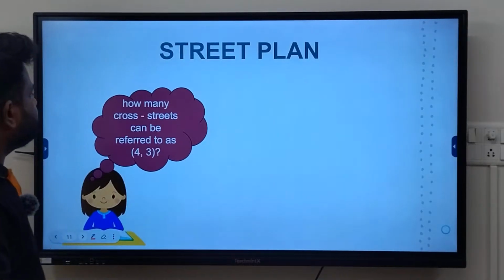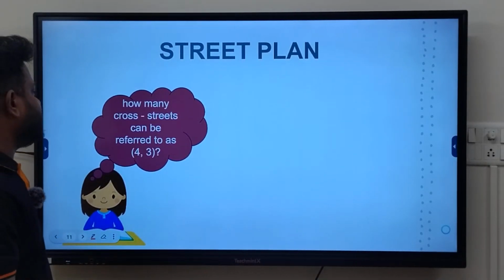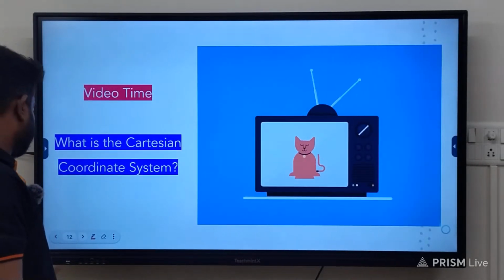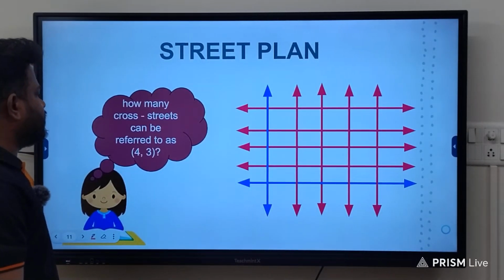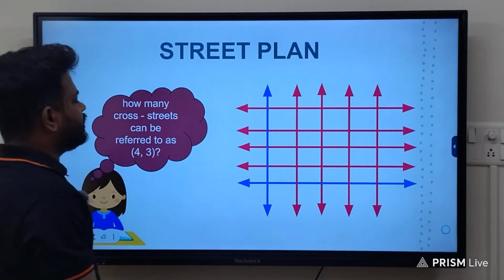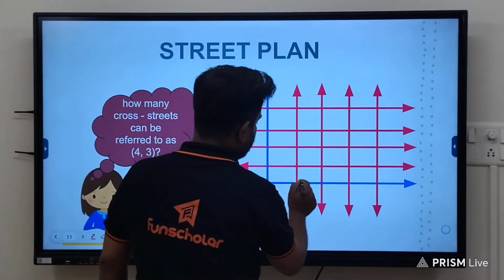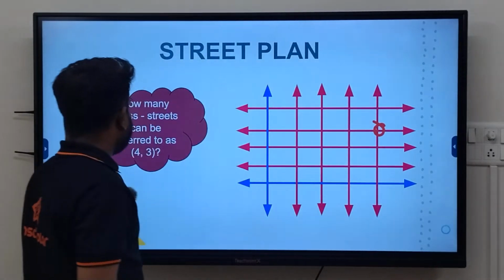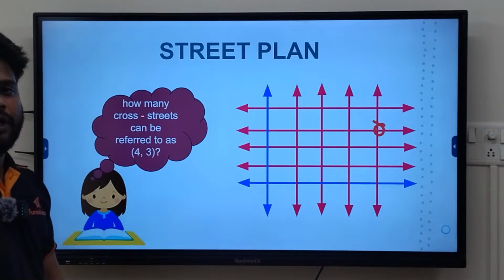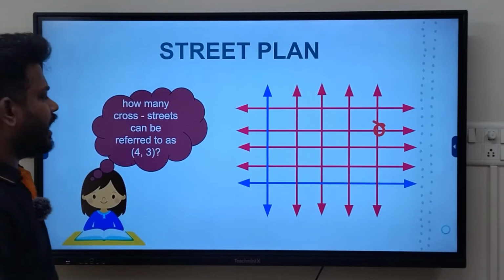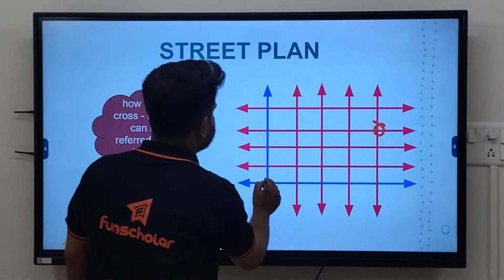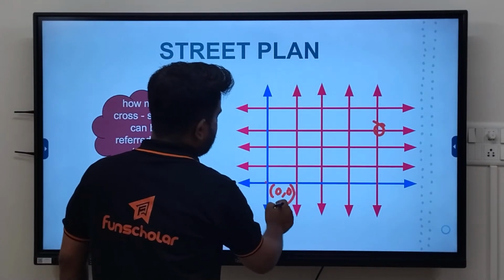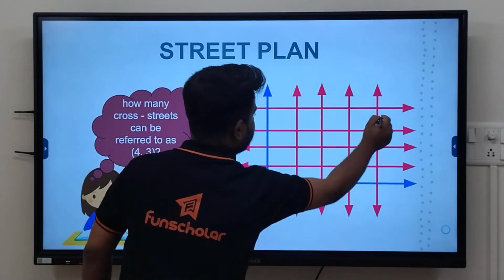And the next question: how many cross streets can be referred to as 4,3? This is the question they have asked us. If we start from here, 1, 2, 3, 4 and 3 will be here, right? So this point will be termed 4,3. And where did we start? We will start from the origin. If the origin is this point, the 4 will be here and the 3 will be here.